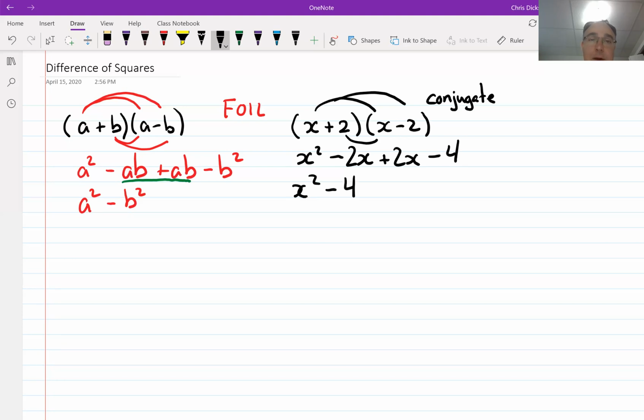Once again, notice that these two terms would cancel out, negative 2x plus 2x. So this I should refer to as a difference of squares pattern. Difference in math means subtraction. So we have to have subtraction, and then it's called difference of squares.